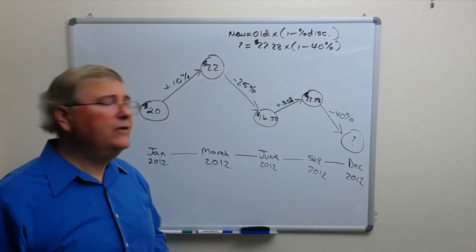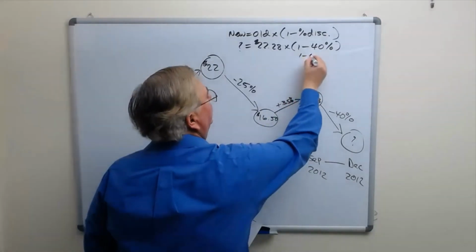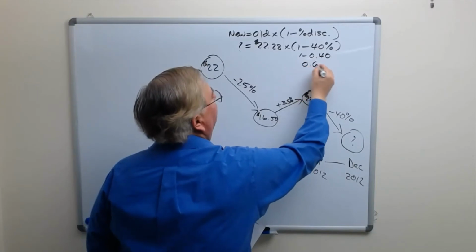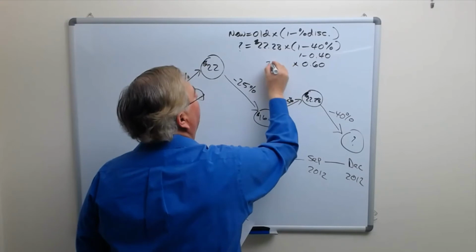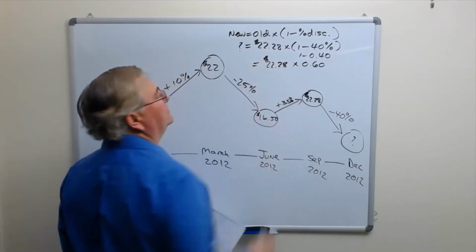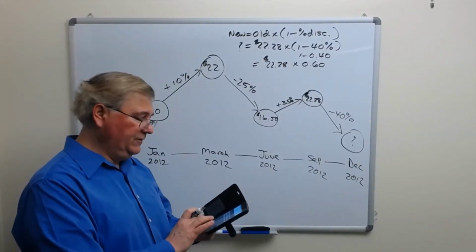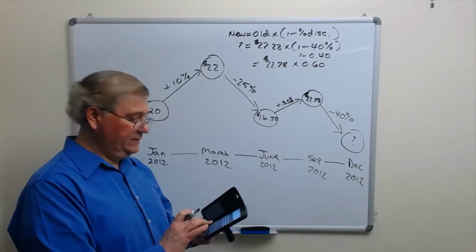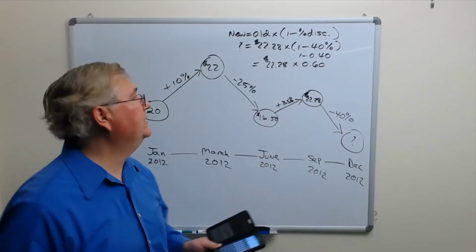Next, we have to crunch the numbers, and let's work the parentheses first. 1 minus 0.4 is the same thing as 0.6. Multiply that by 22.28 a share, and that should give us our final answer. So let's get our calculators out again and multiply 22.28 times 0.6, and that gives us 13.368.